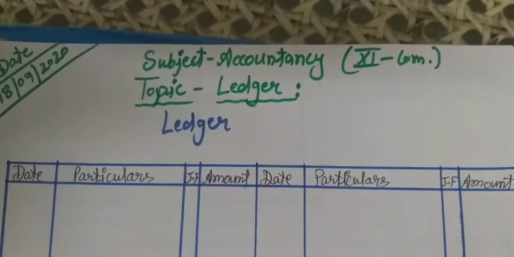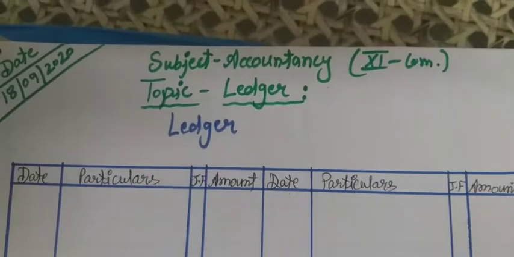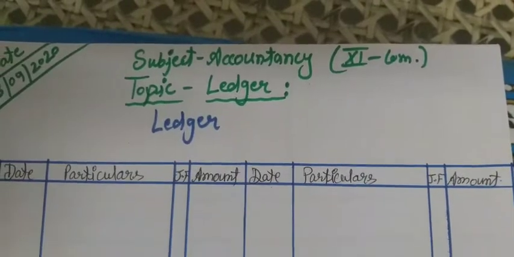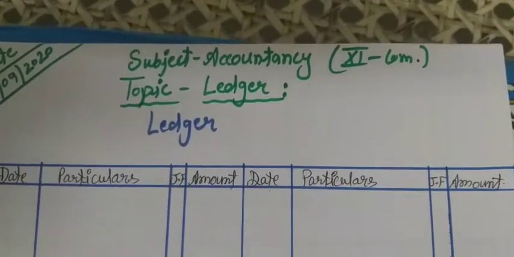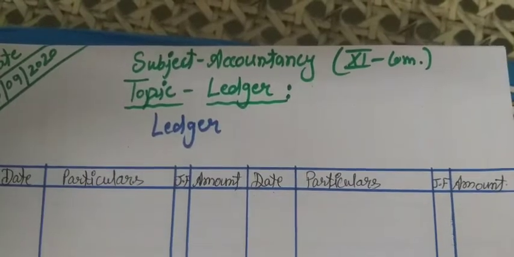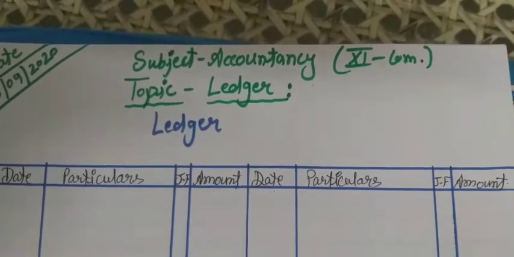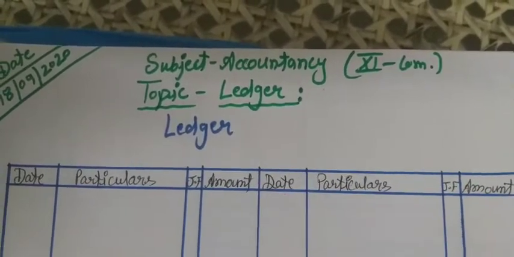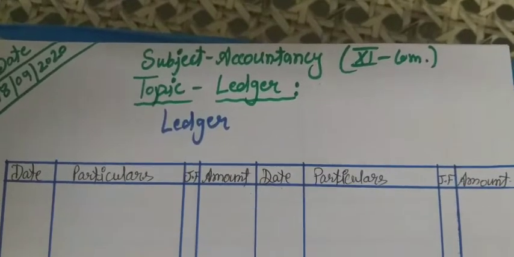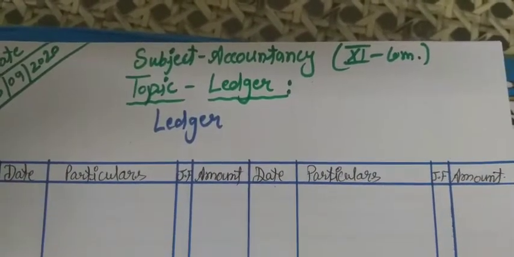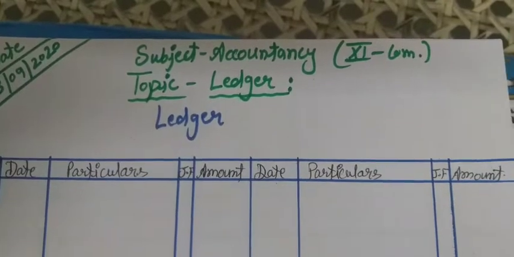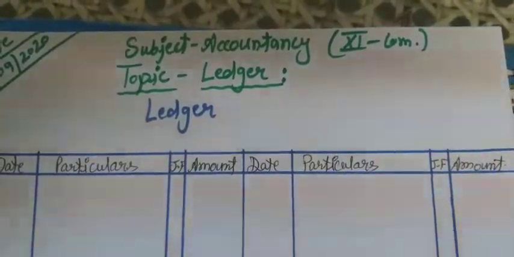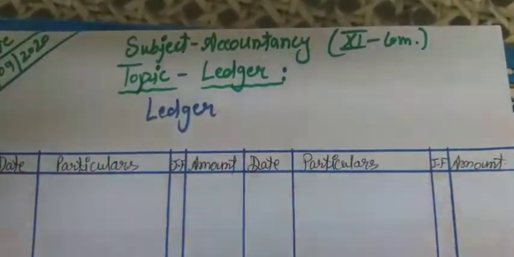I have some journal entries, and from those I will prepare the ledger. This is the last question of this chapter, and in the next class we will move on to the next chapter. Let's see the journal entries and how we will prepare the ledger from them.